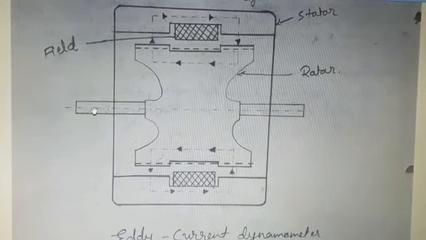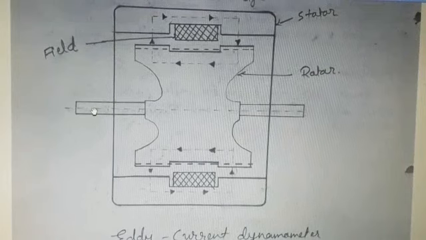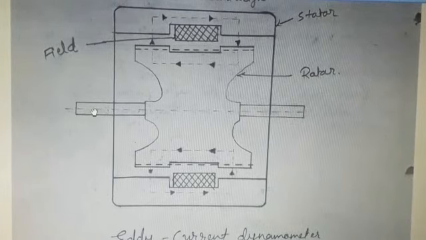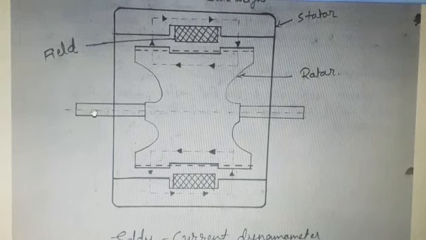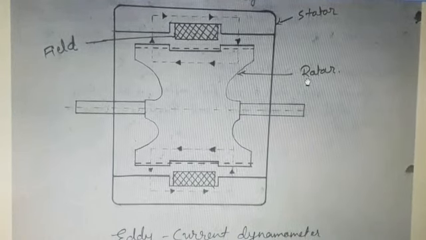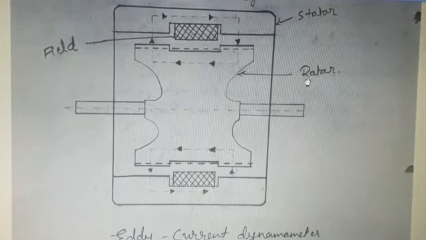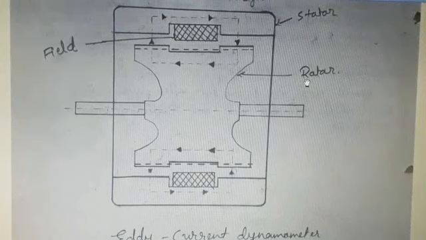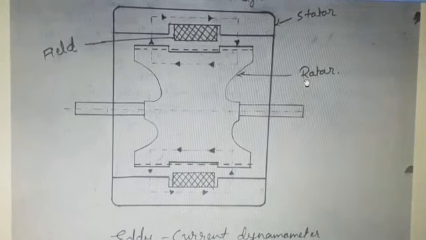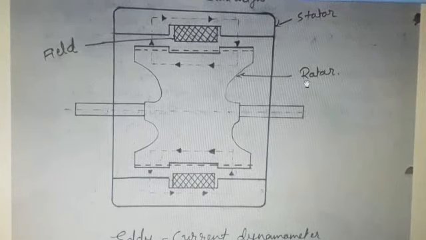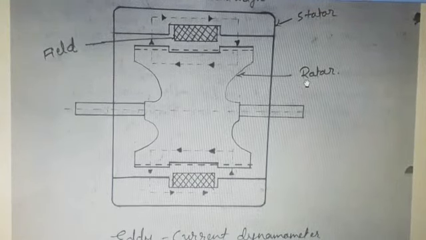We supply DC current to the stator, and when DC supply is given to the stator, a magnetic field is produced around the rotor. Once the rotor starts rotating, that magnetic field is cut, and eddy current is generated because of the loss of magnetic field.